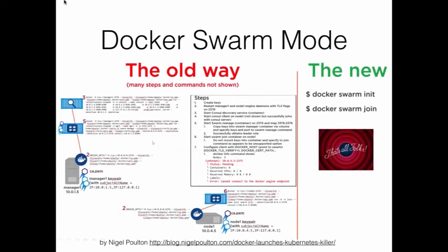And with the new way, it's pretty easy. You just run docker swarm init on the master machine, you take the token, some UUID token, and on the other Docker machine, you run the docker swarm join command, passing the token, and that's all.